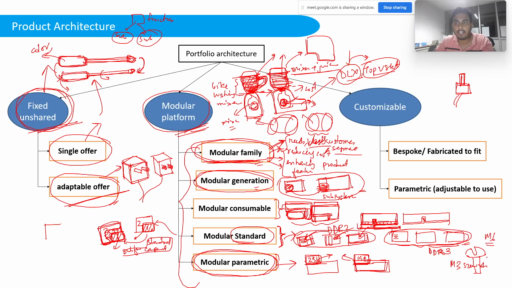However, you can choose M3 with a longer thread. That particular parameter is the length of the screw. If that's a desired thing within your system, then you can consider that a parametric change in your module. Clear?